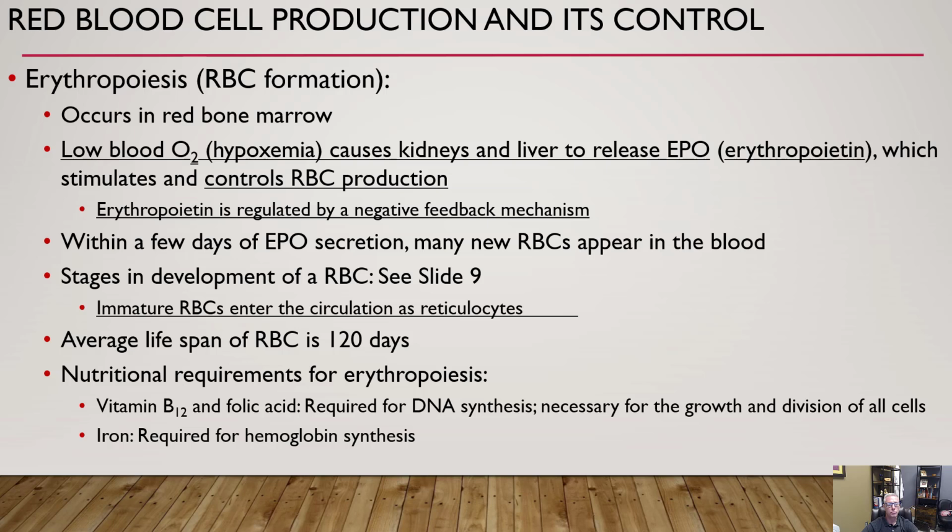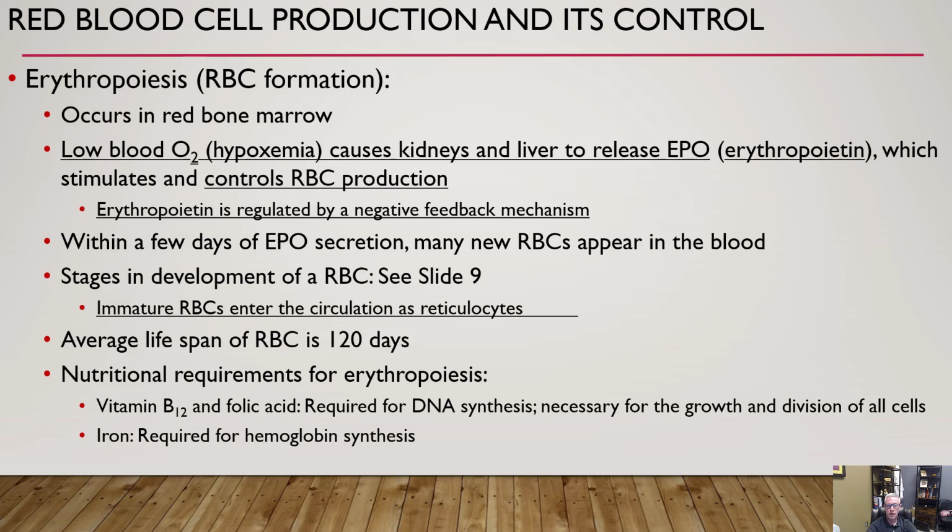All right, so erythropoiesis. Basically, erythropoiesis is how our body makes red blood cells, and that occurs in the red bone marrow of bones. So if we have low blood oxygen levels, we call that hypoxemia, and we talked about cyanosis a couple minutes ago.